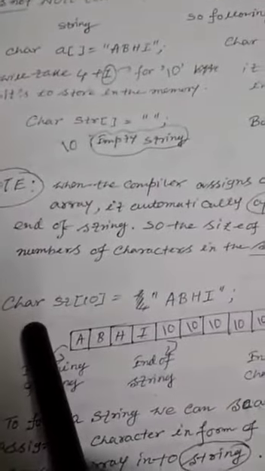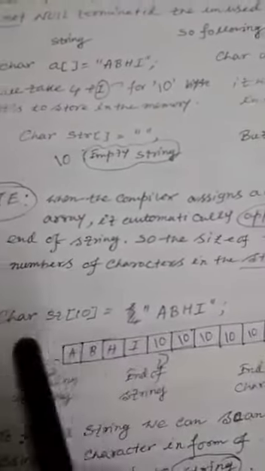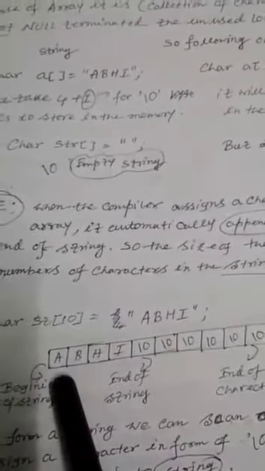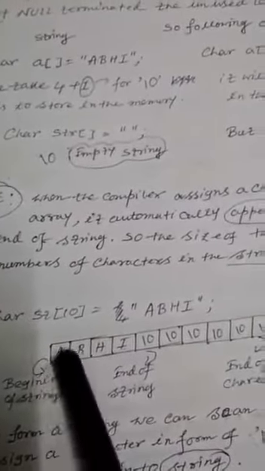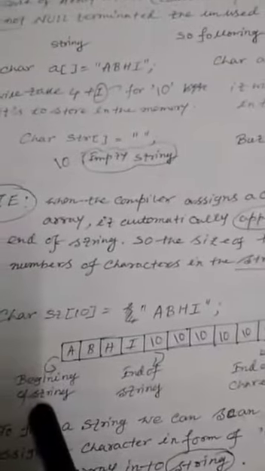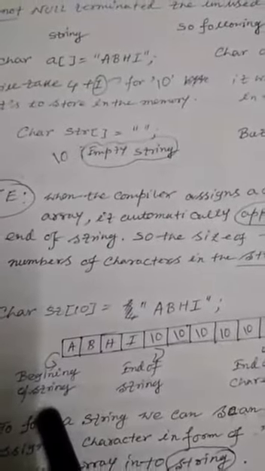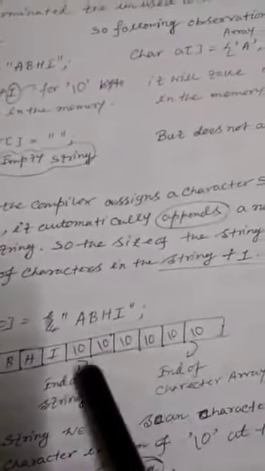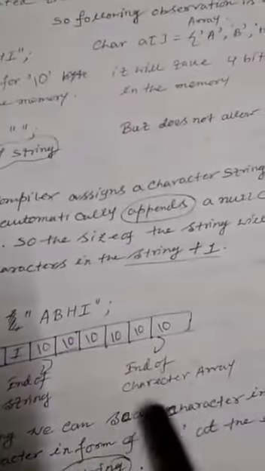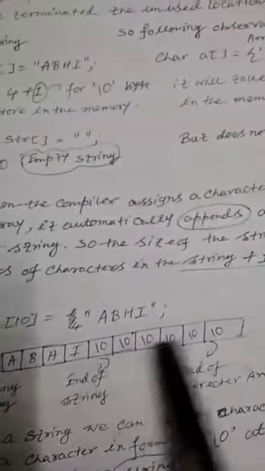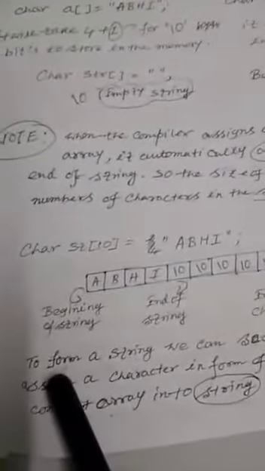Now here st is a string, with size 10. This is the beginning of the string, and the end of the string is marked with a null character, a null terminated end of the character array. The remaining parts will be nulls.